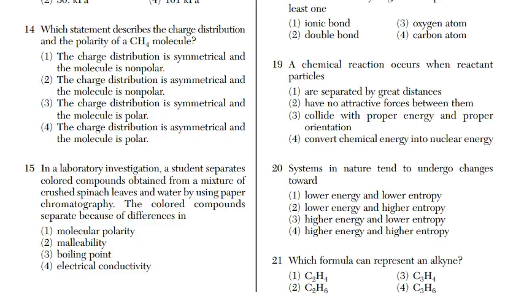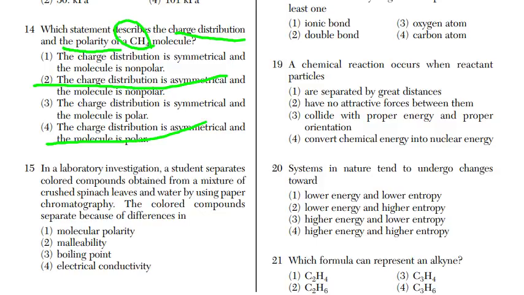So for question 14, it's asking about charge distribution and the polarity of methane. Methane, CH4, you might remember is a tetrahedral shape. Since all 4 bonds are going to be the same, we have what's known as a symmetrical molecule. So first thing you're going to do is cross out choices 2 and 4.